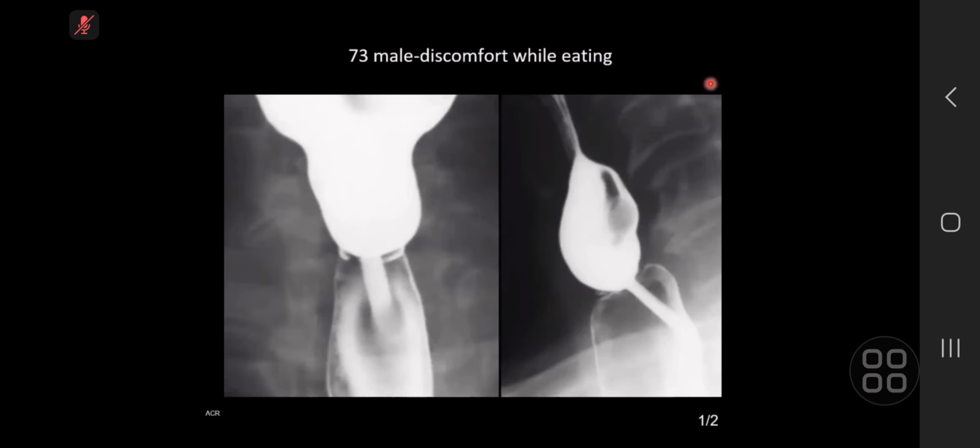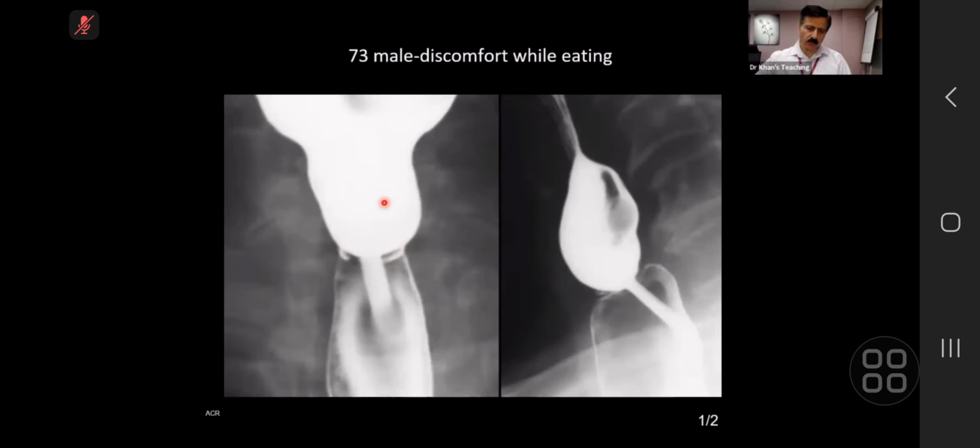It's got quite a well-defined shape with smooth edge. I'm wondering whether there raises possibility of a stricture in the proximal esophagus. Okay, hint. If you see here, there is proximally, there is a bit of dilatation.